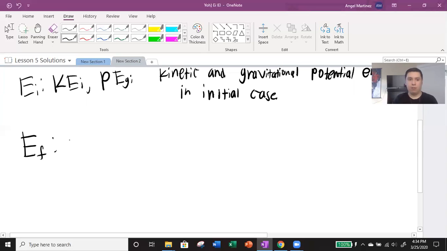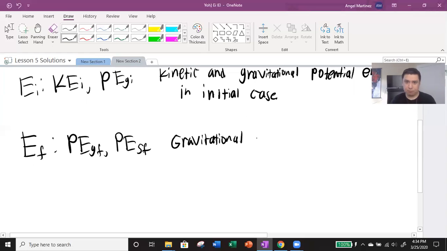So we have P, again, the gravity, this time final, but also potential energy for the spring or the elastic potential energy. So I can put that with an S, final. So right down here, we have gravitational and elastic or spring potential energy in a final case.